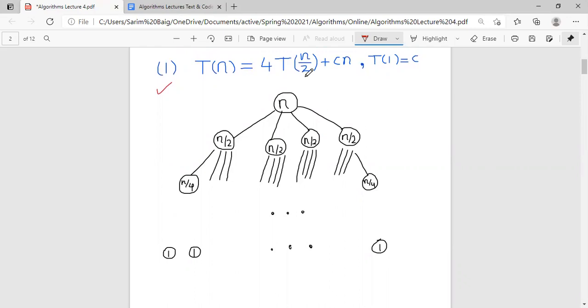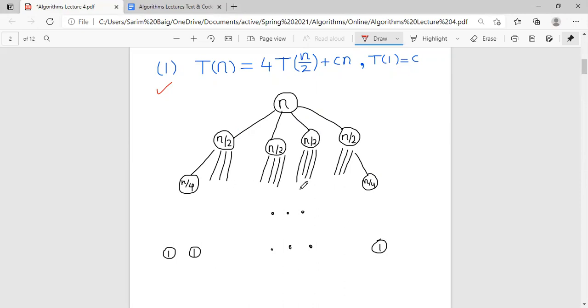So again, we will follow the same steps. We draw the tree for this reference, and this is a tree where we have 4 children nodes for every node. So we have the top call of size n, it's 4 children, each of size n by 2. These are each going to have 4 children of size n by 4. So actually at this level, level number 2, I have 16 calls.